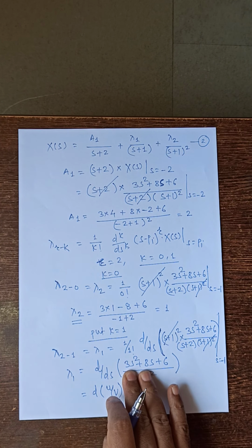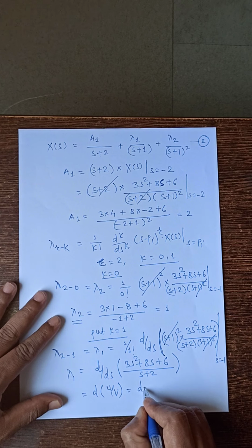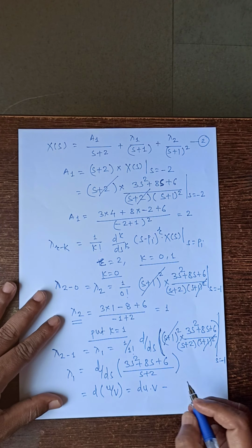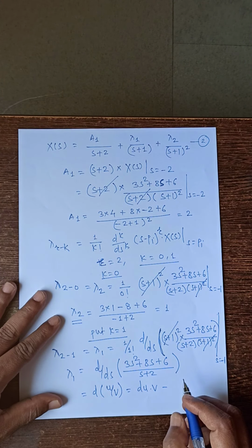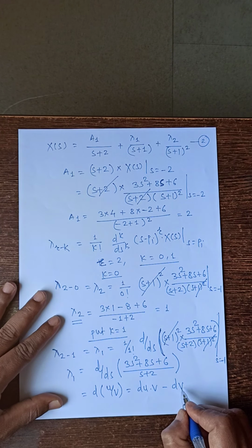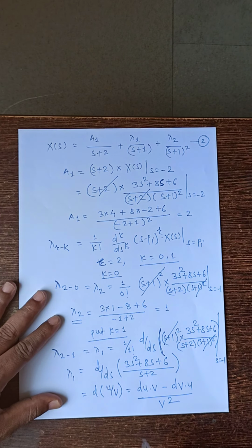What that rule says is: the differentiation of u into v minus dv into u, divided by v squared.